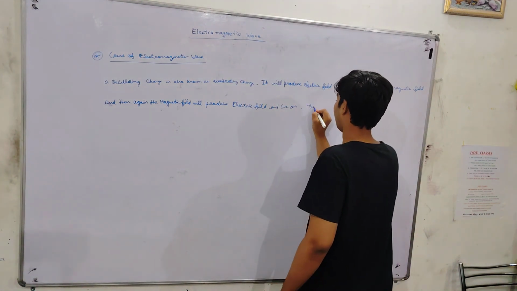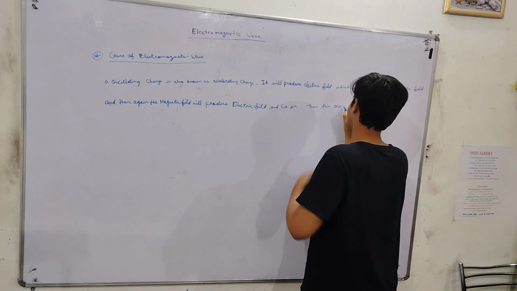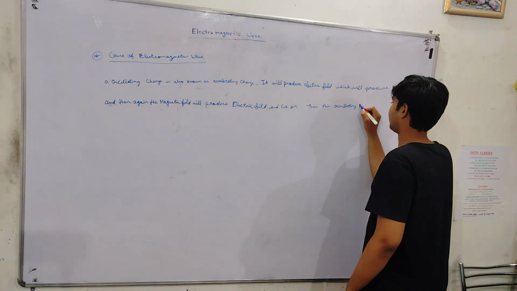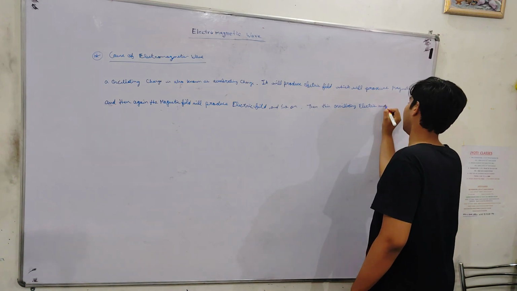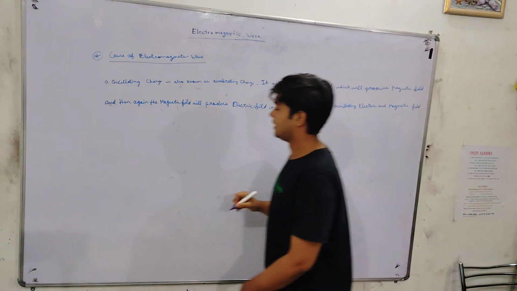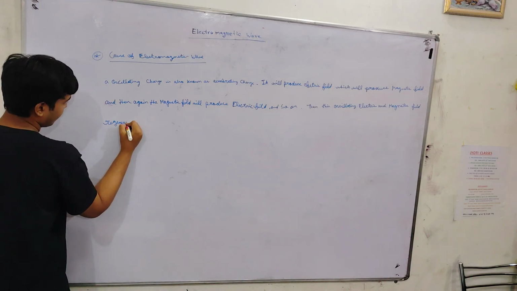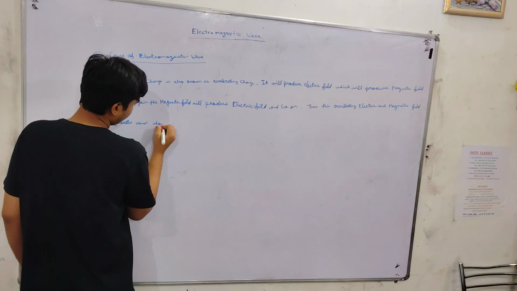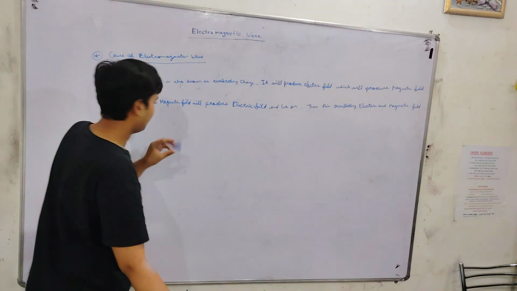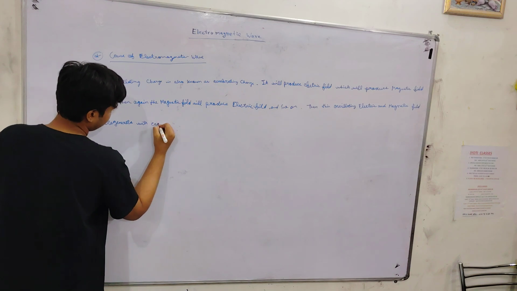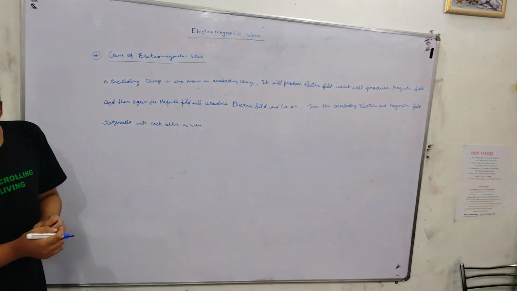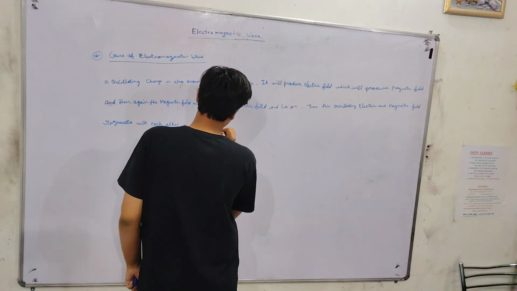This oscillating electric field and magnetic field keep producing each other. Then the oscillating electric and magnetic fields regenerate, both combined, and regenerate with each other as a wave, which travels in space without any medium.